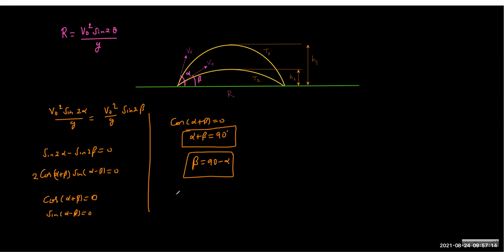So we can put a note: for complementary angles, projectiles thrown at the same speed will have the same range.